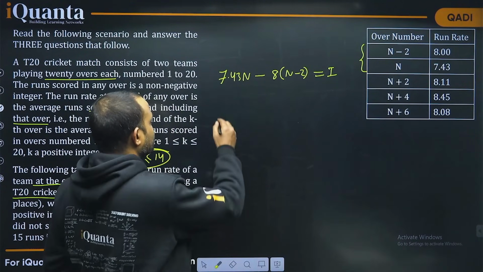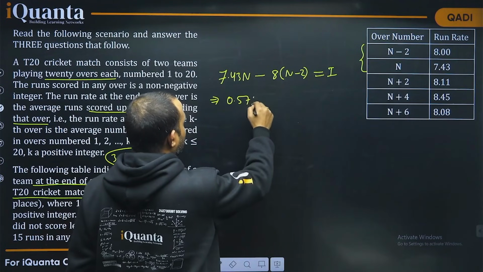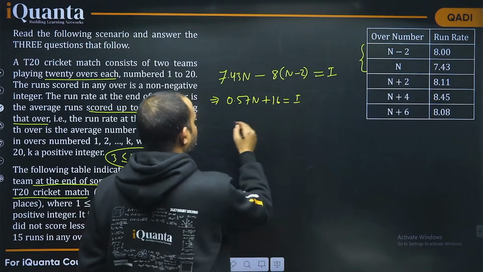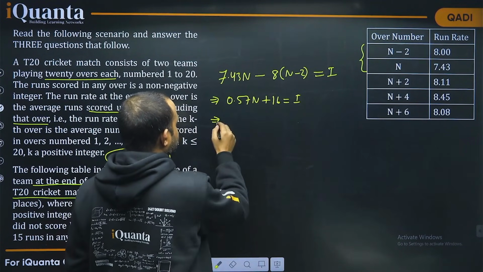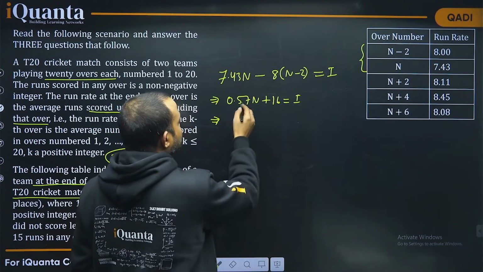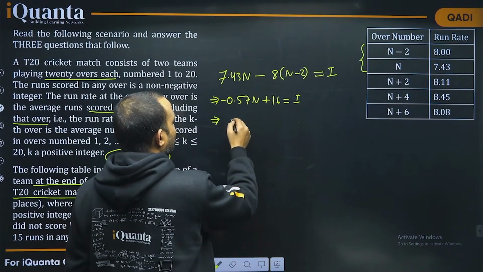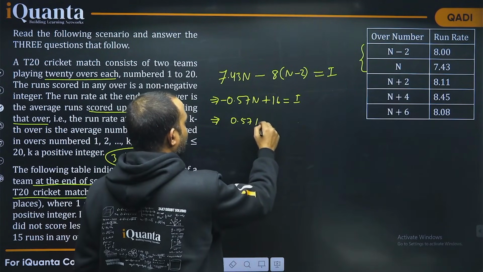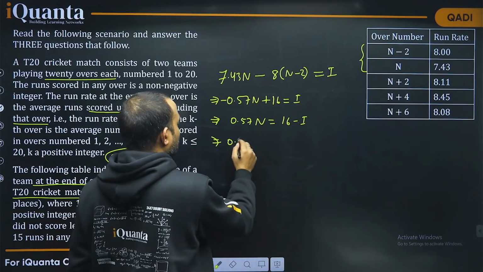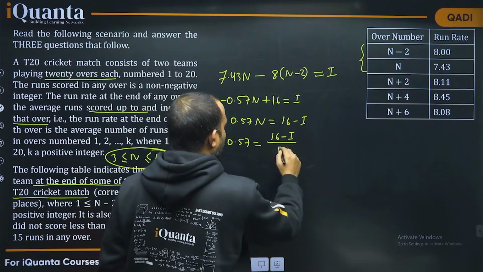Now if we break this, what we can say? That 0.57 n plus 16 is equal to I, or we can say that this is minus, correct? Okay, so 0.57 n is equal to 16 minus I, or we can say 0.57 is equal to 16 minus I upon n, correct?